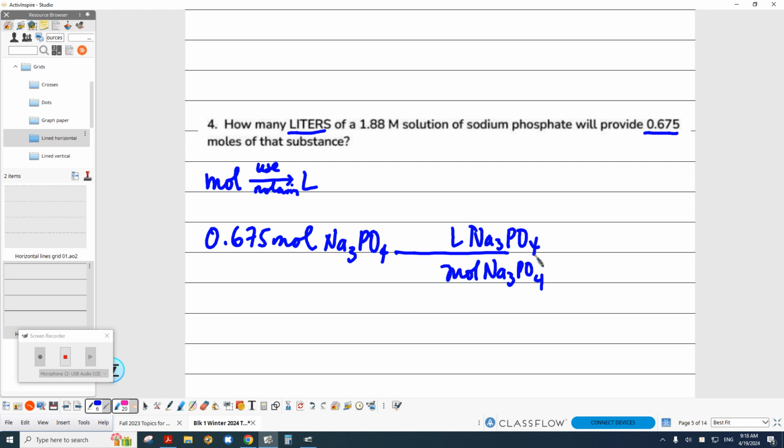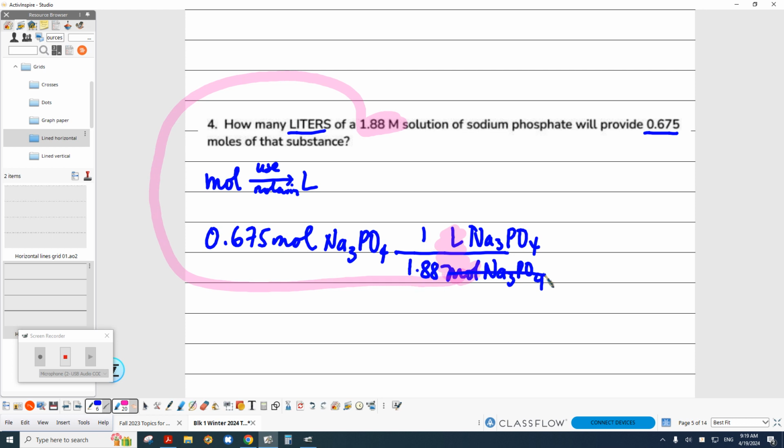Therefore, we know that this is the relationship between liters and moles. And the relationship between liters and moles is the molarity. We use molarity to convert from moles to liters. 1 liter is 0.188 moles.